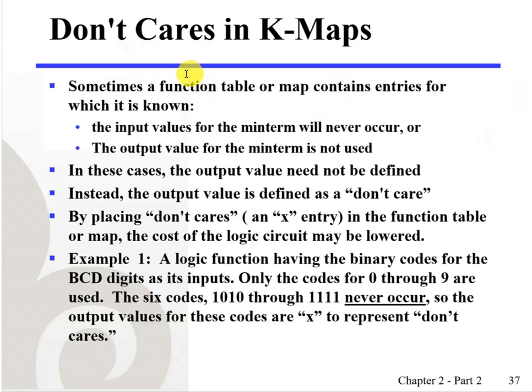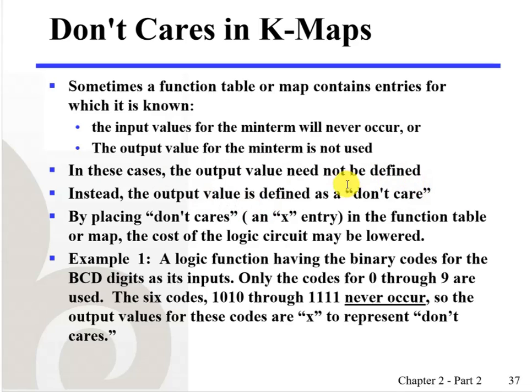For instance, a function table or map may contain entries for which it is known the input values for the minterm will never occur, or the output value for the minterm is not used. These cases can be considered as don't cares in the K-map cell, because the output value need not be defined. Instead, the output value is defined as don't care.